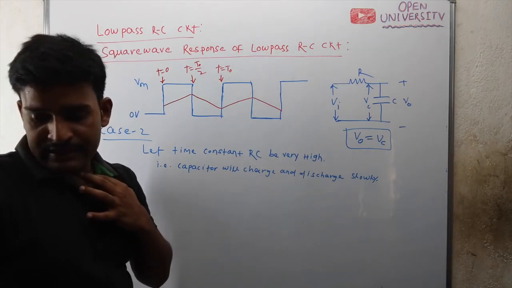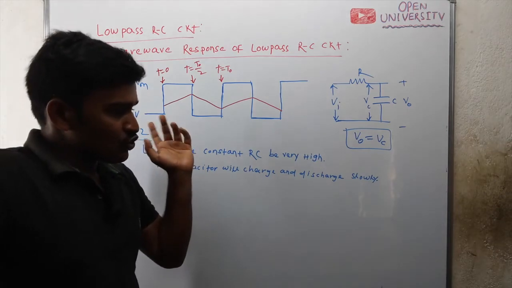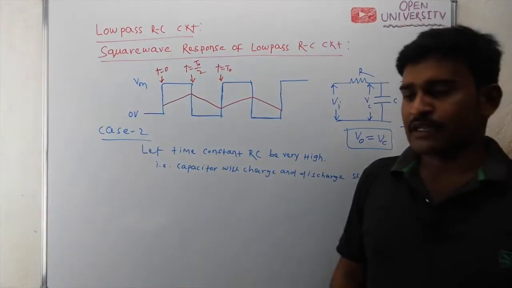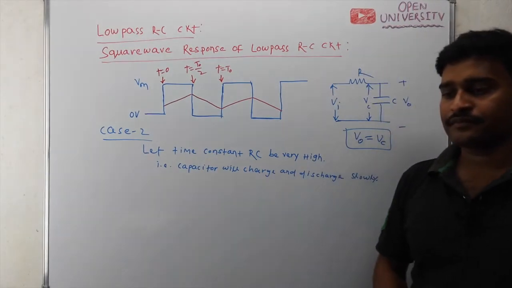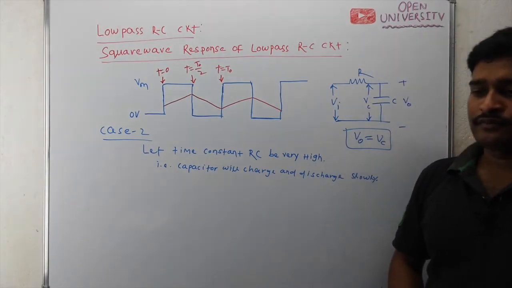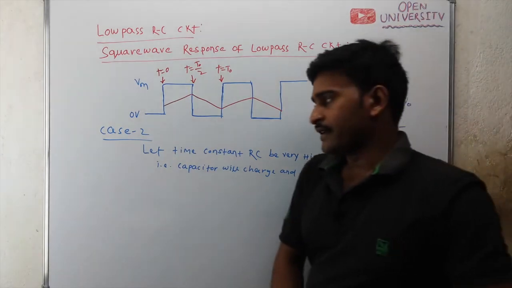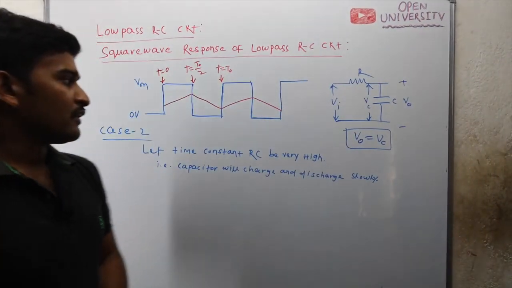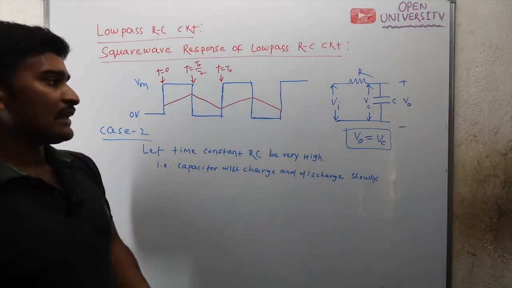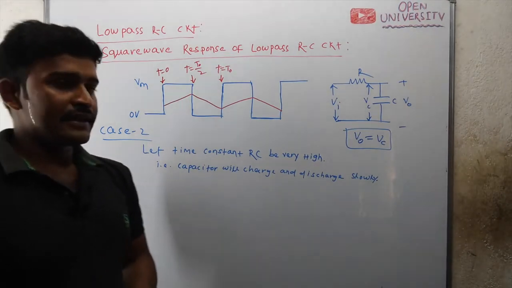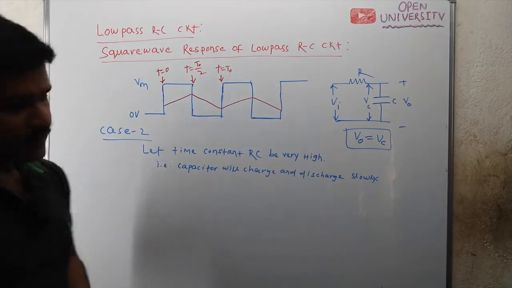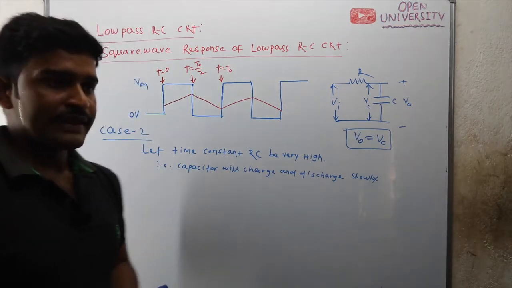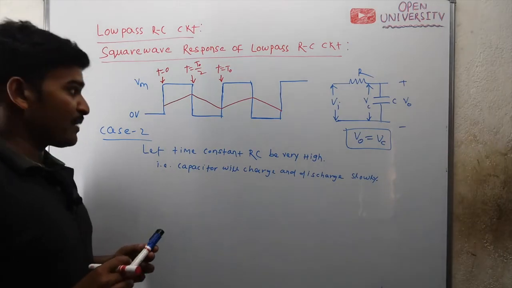Next point, this slow increase and slow decrease in output voltage can be approximated to a linear increase and linear decrease.